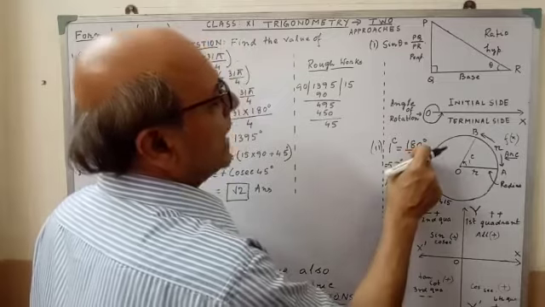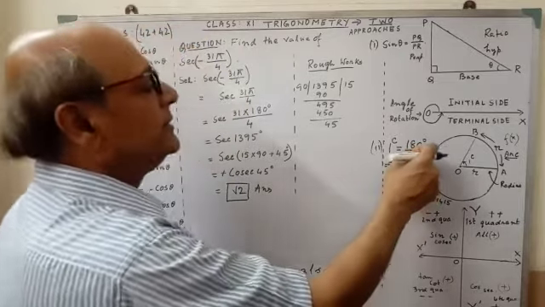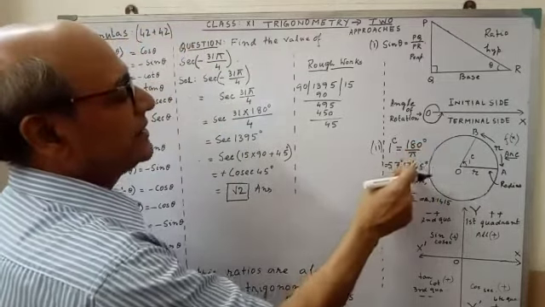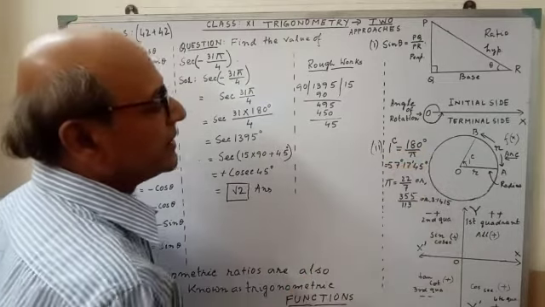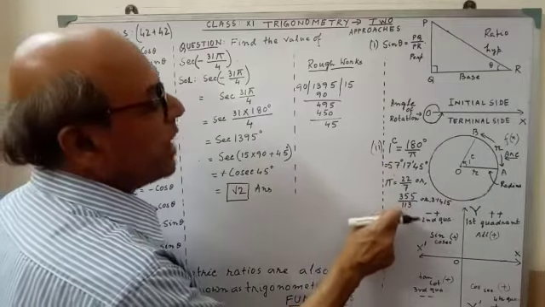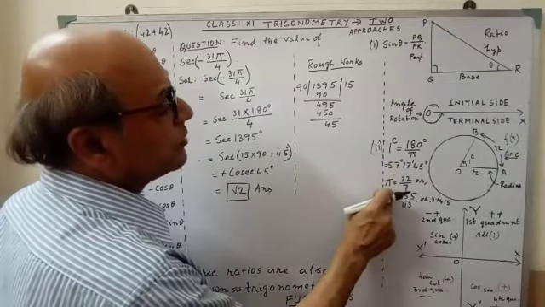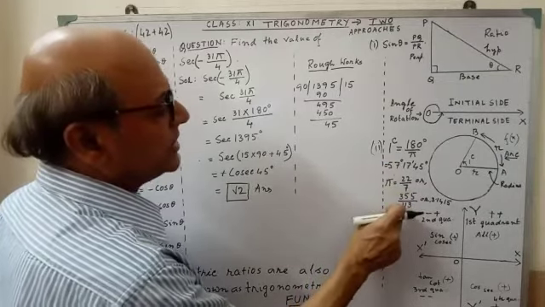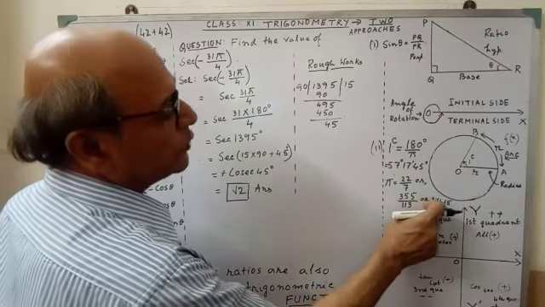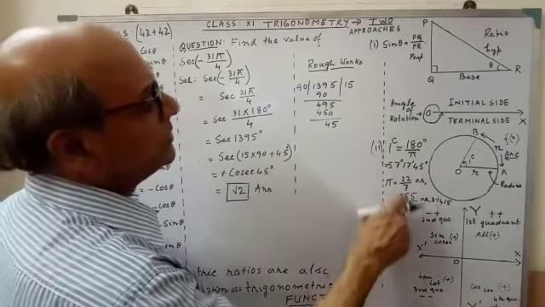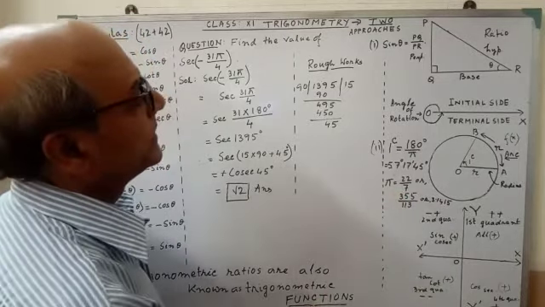The value of pi that you have learned is 180 degree, but here instead of that you have to put pi equal to 22 by 7 or 355 by 113 or 3.1415. This value you have to remember.